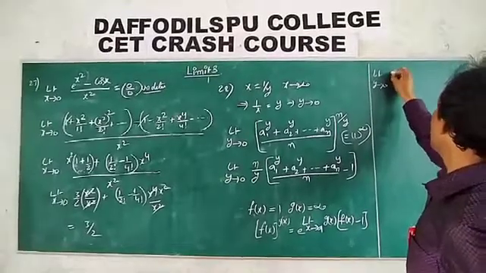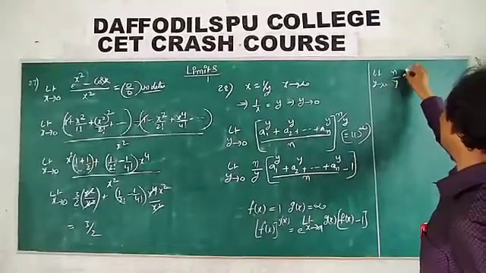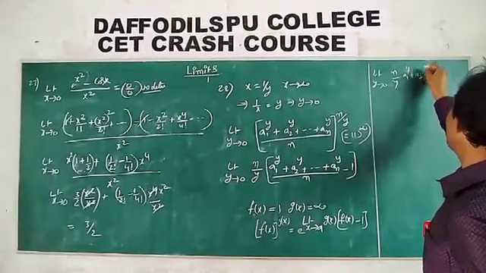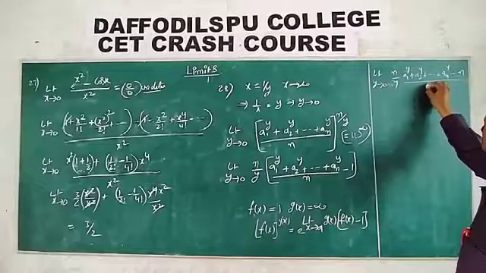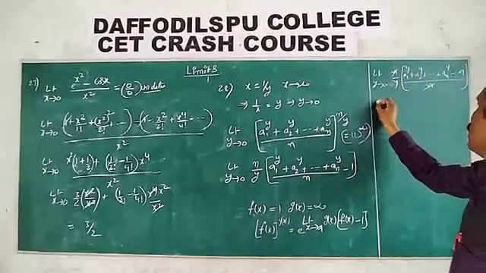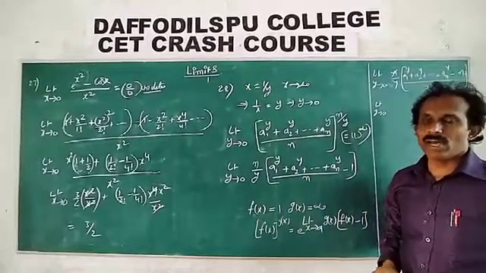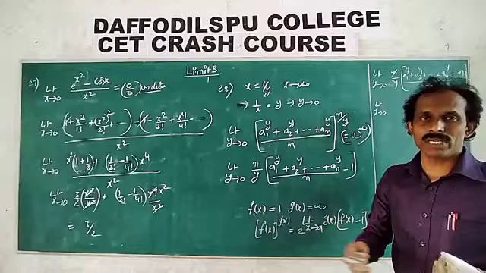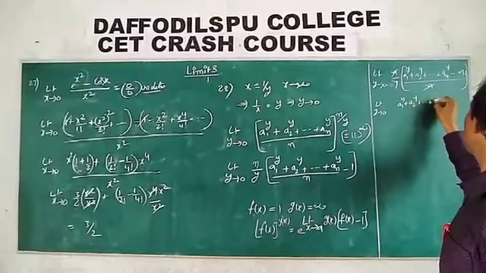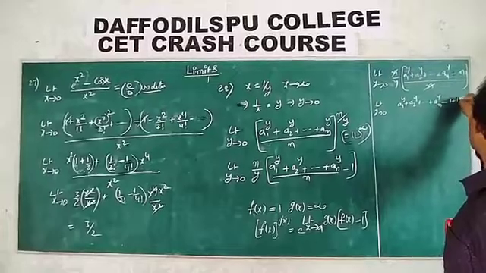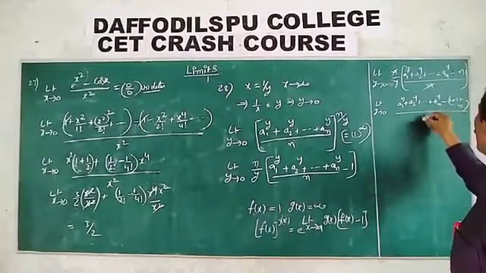Limit y tends to 0, n outside and y inside: a1 power y plus a2 power y and so on plus an power y minus n. N and n cancel. Here n into 1 means n times 1. If 1 is added 10 times, it is 10 into 1. So a1 power y plus a2 power y and so on plus an power y minus 1 minus 1 minus 1, n times, divided by y.